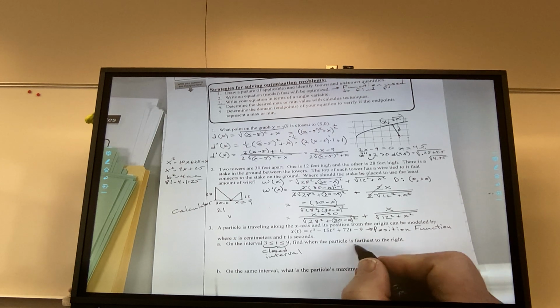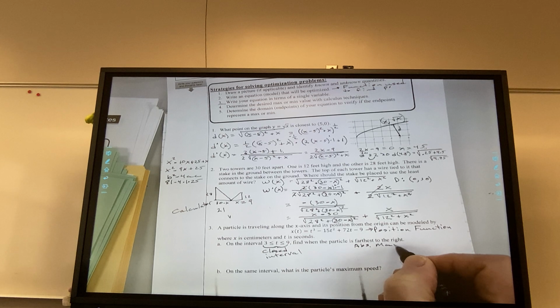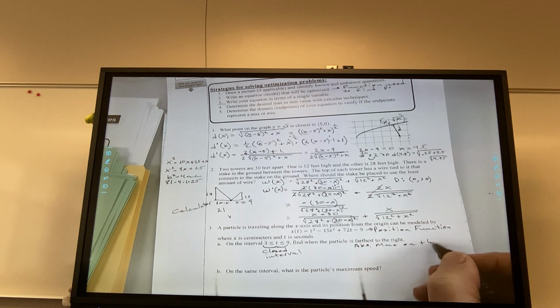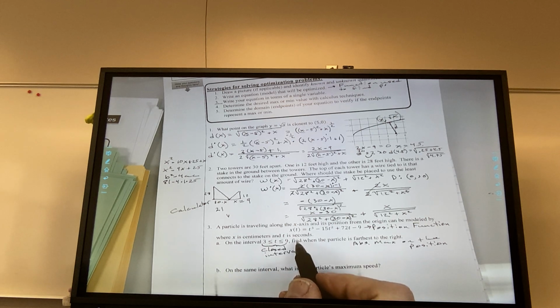So we're looking for the absolute max on the position. They can only occur at 2 spots, the endpoints and where else? Critical points. They already gave me the endpoints, correct?